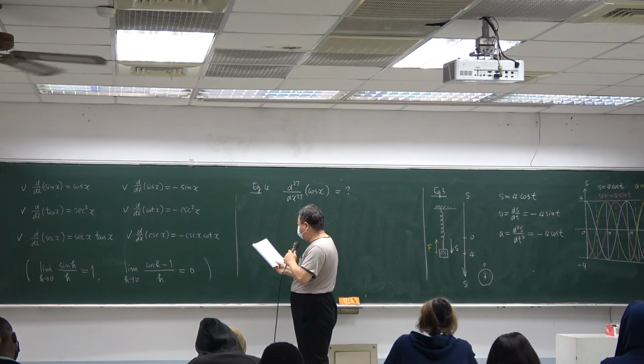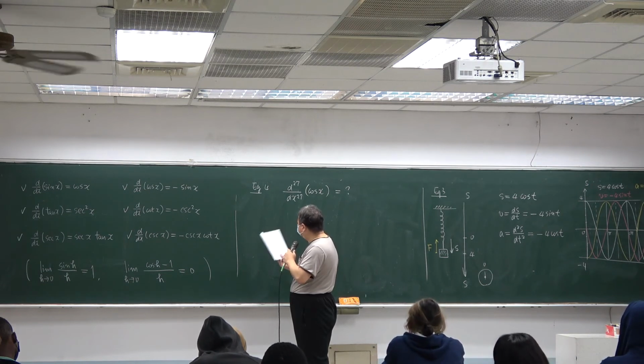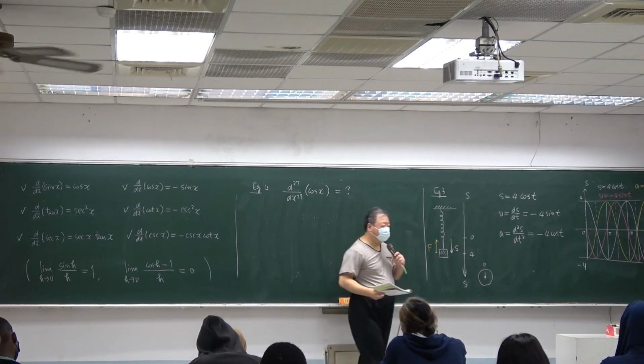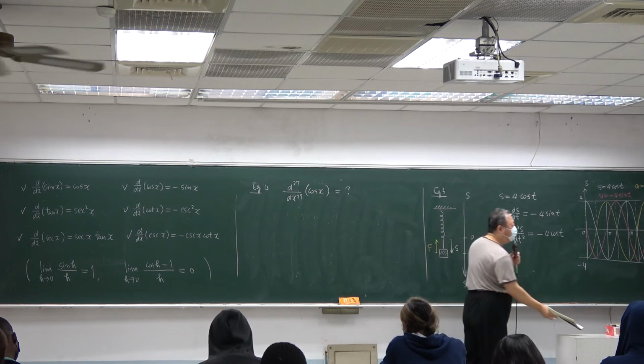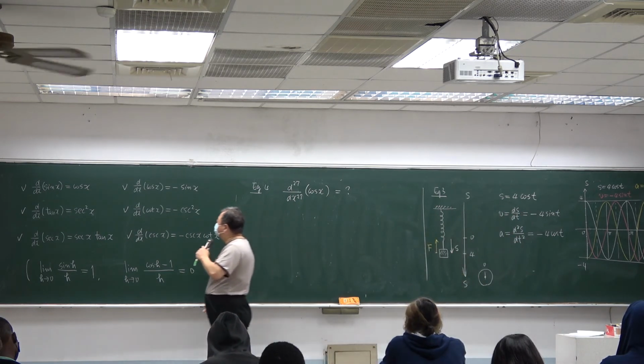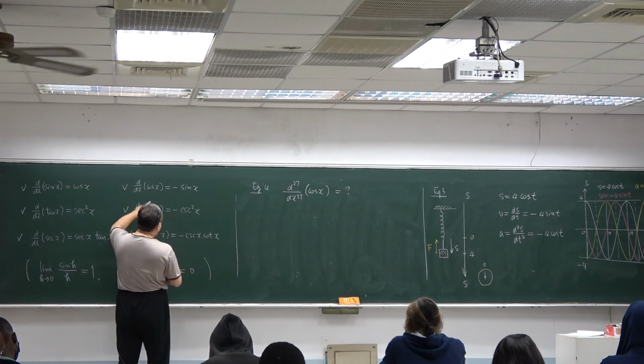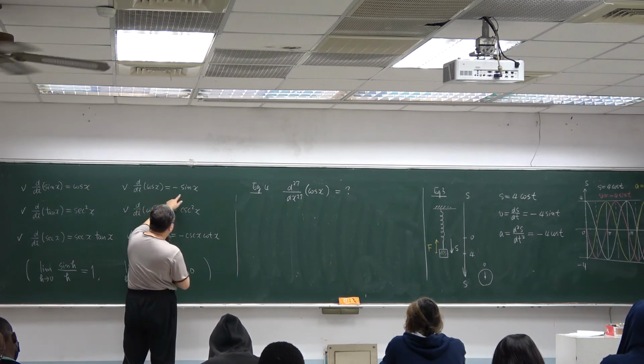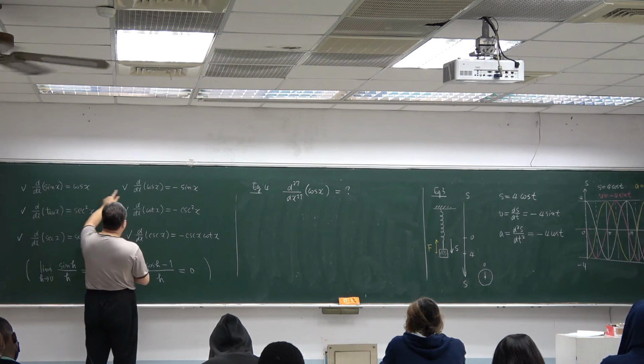Find the 27th derivative of cosine x. We observe the derivatives: cosine goes to sine, sine goes to cosine.